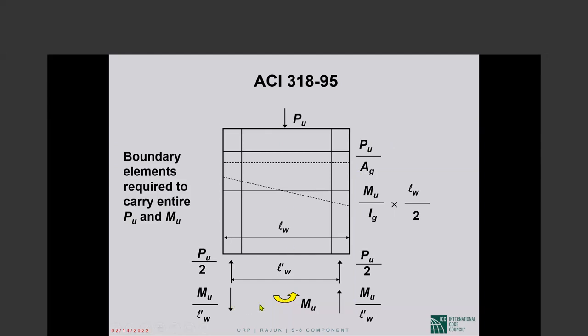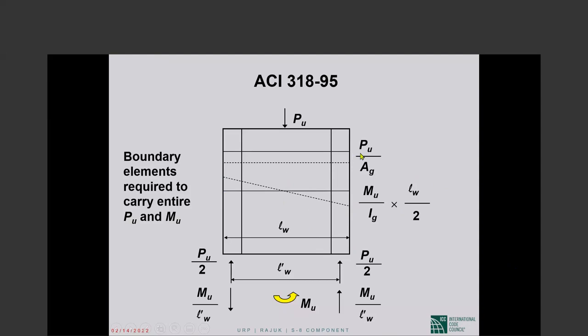Okay. Then we take the factored overturning moment at the base. So this comes from analysis of the building containing the shear wall under code prescribed seismic forces, which are already strength level. Okay, so that gives us M sub u. We take the M sub u, divide by the gross moment of inertia of the shear wall section, multiply by half the length from the central line to the extremity. That gives us maximum compression on one face, maximum tension on the other face.